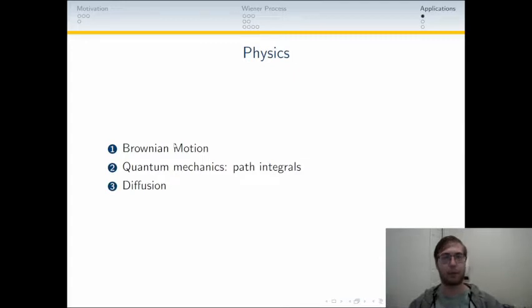Now let's get to some applications of the Wiener process. The Wiener process can be applied to physics, which is one of the initial motivators in researching it. Brownian motion, the random movement of particles in the air, is so closely connected to the Wiener process that they're usually interchangeably named. Quantum mechanics, they're important for path integrals in quantum mechanics, because quantum mechanics has its own special machinery.